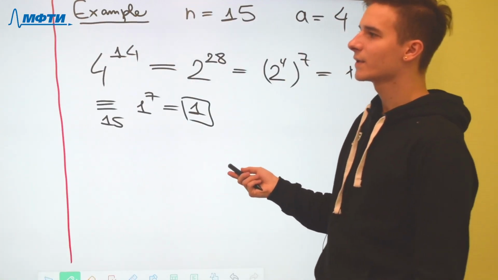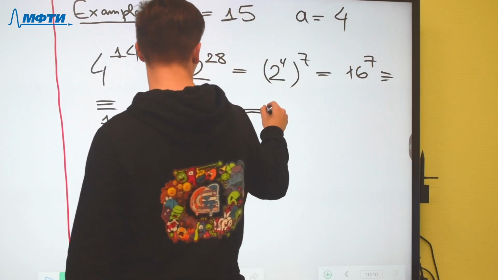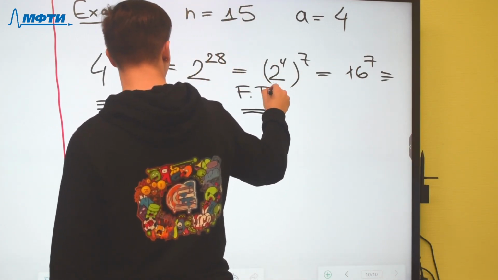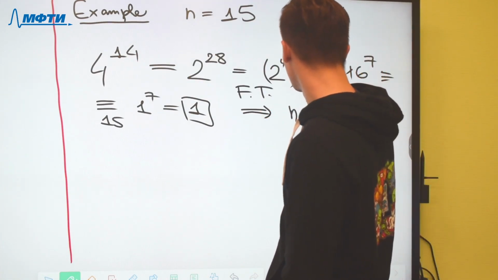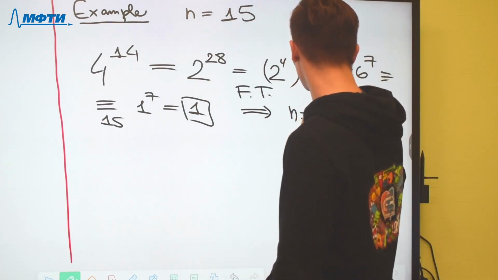And in this case, the Fermat test as the output said that n equal to 15 is a prime number.